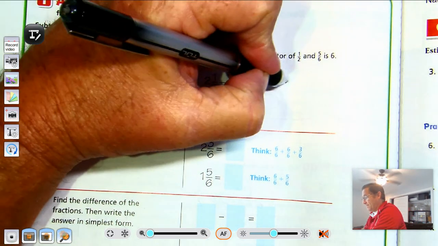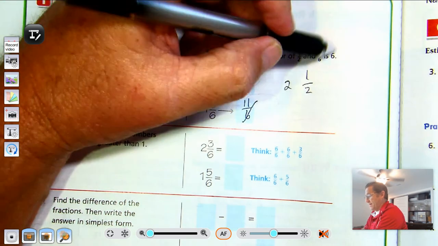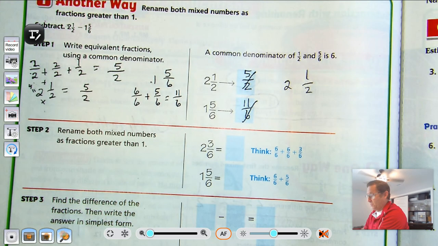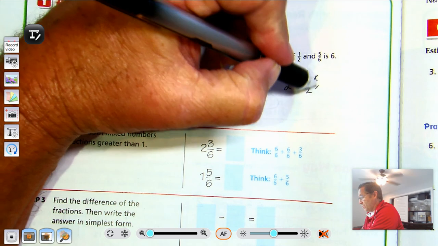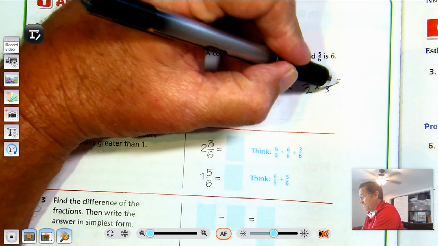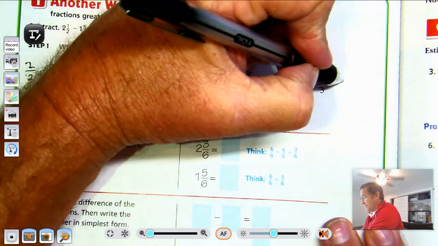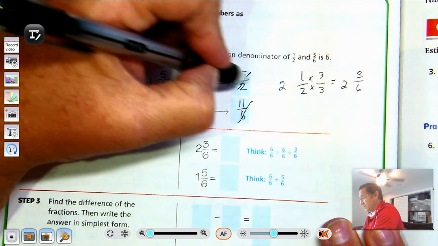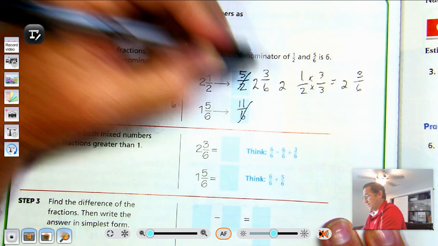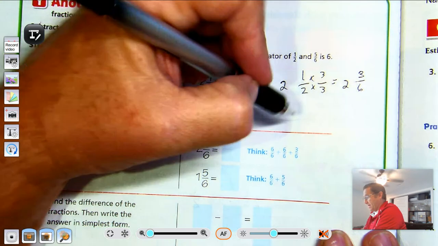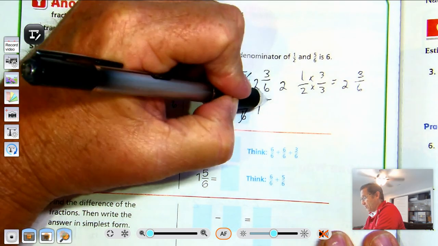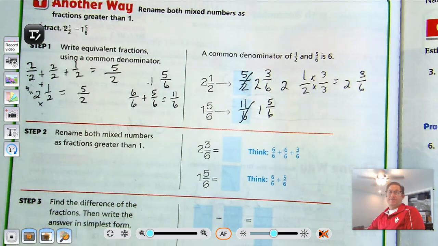And for 2 and 1/2, they're saying that a common denominator between 2 and 6 is 6. So I would multiply 1/2 by 3/3. An equivalent fraction would be 2 and 3/6. And 1 and 5/6 is already in common.